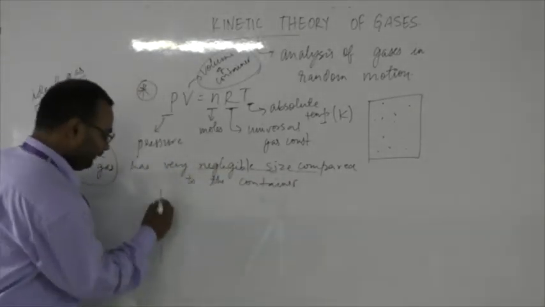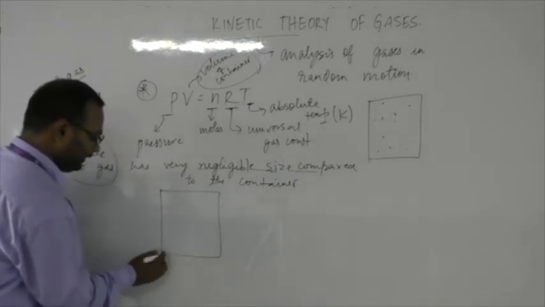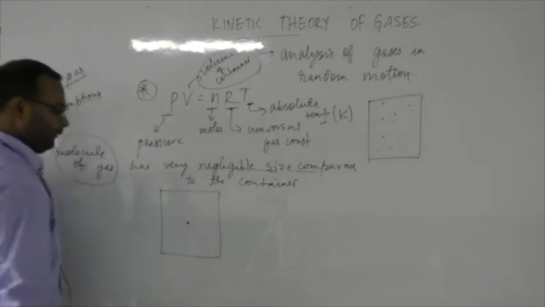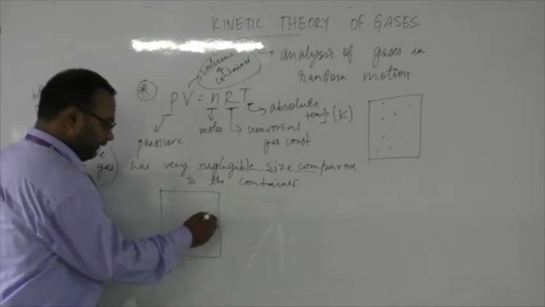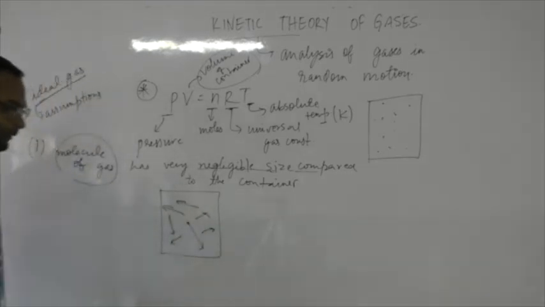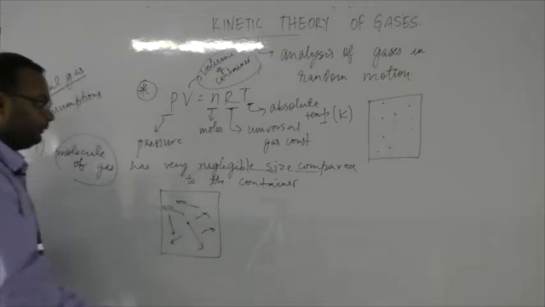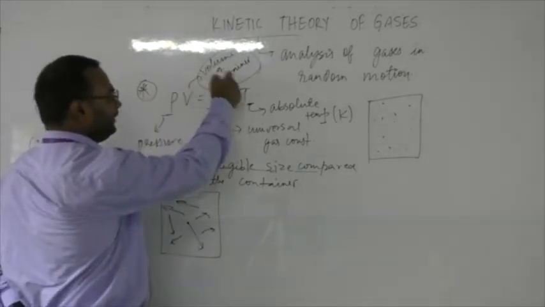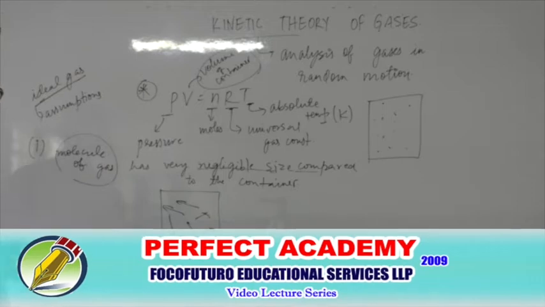That means if a particular molecule is there and this is the container, this molecule cannot be defined where to go, so it will have different movement. Okay, so they occupy the whole volume. That is why we have volume of container equals to volume of gas.